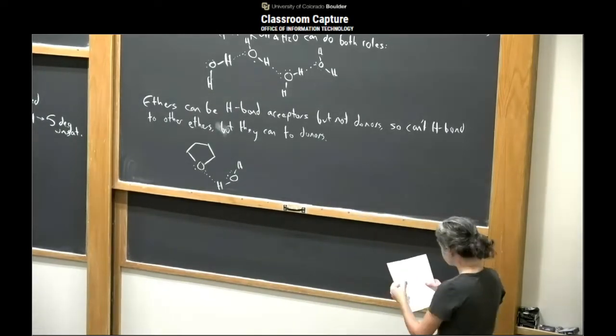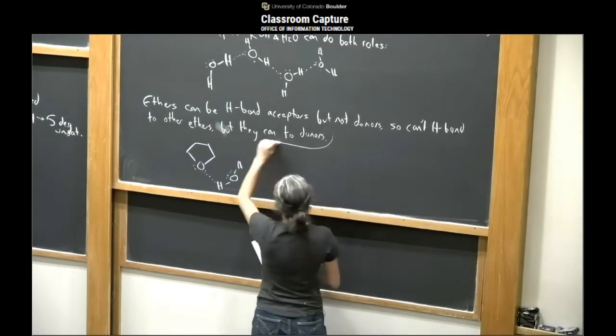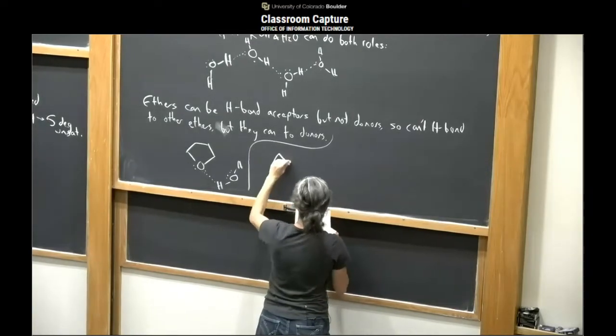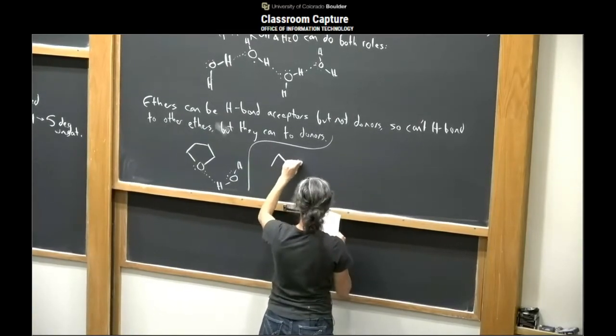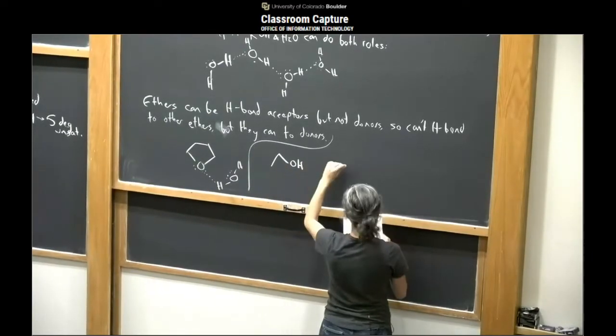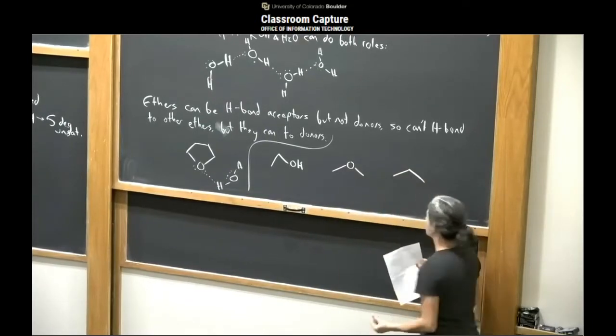And so it's going to raise boiling points by a lot. So if we throw up 3 molecules here that all have pretty similar molecular weights, let's look at ethanol, dimethyl ether, and propane.